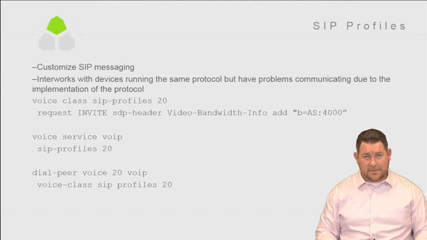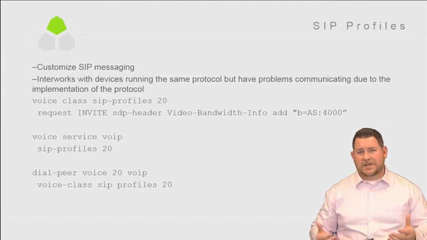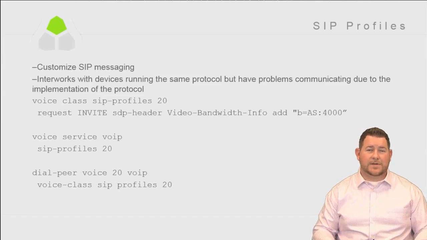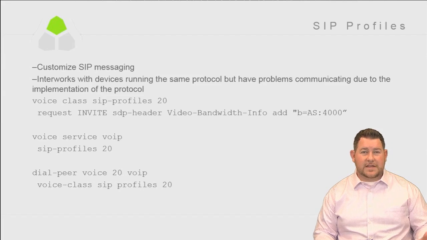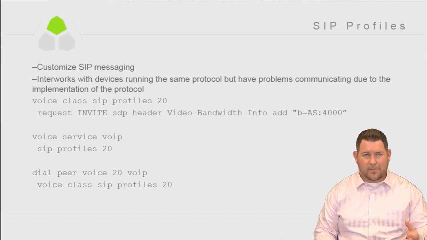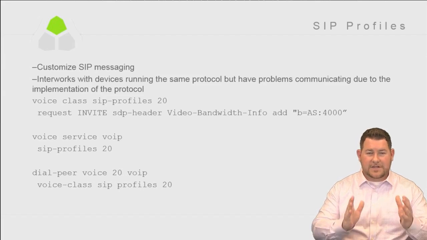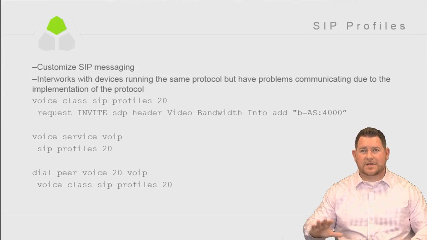Keep in mind also that when you look at the actual SIP messaging coming from one endpoint to another, you're going to see the communication come in from that SIP endpoint, and then after the SIP profile is applied, you'll see the information go out as you've configured it.